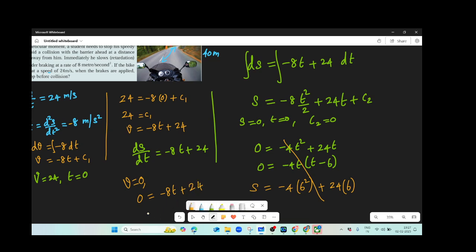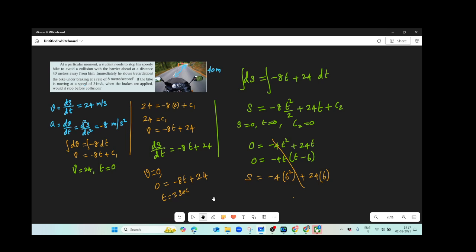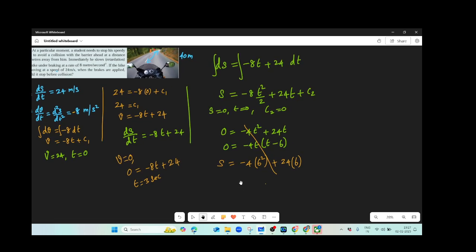It means t equal to 3. After 3 seconds only, the bike will stop. Now in 3 seconds, how much distance will it travel? That we have to find.